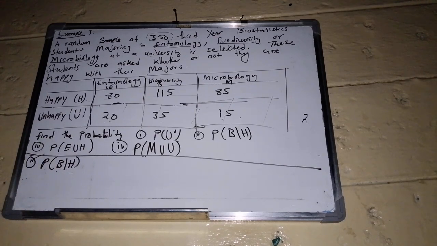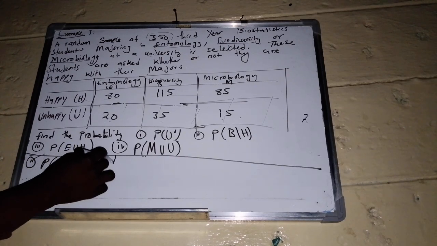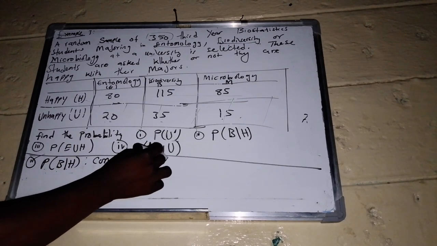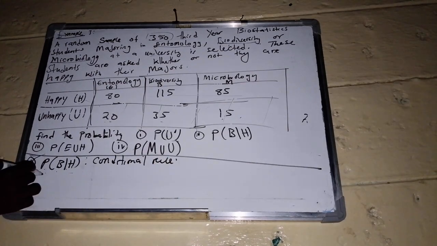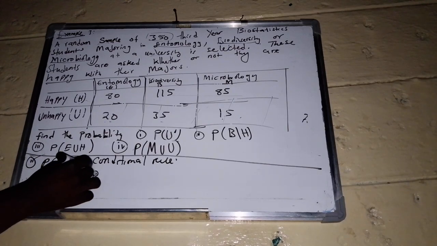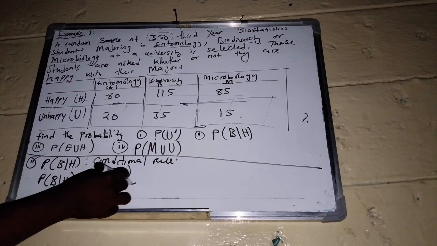We're talking about the conditional probability. This is the conditional rule. So this conditional rule states that the probability of B given H is the probability of B intersecting with H over the probability of H.